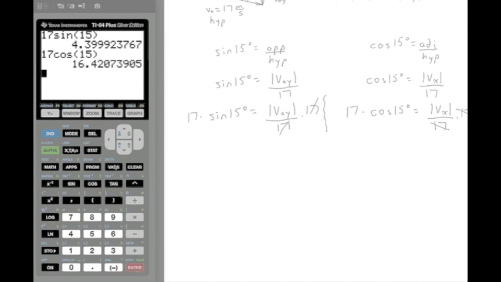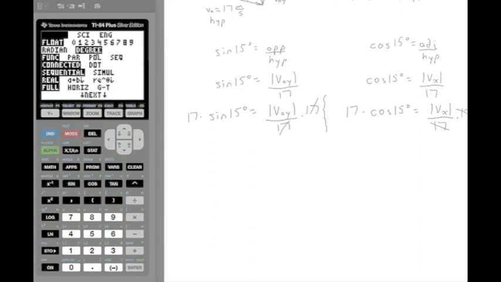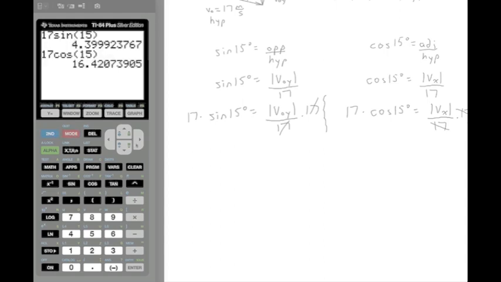Remember to make sure that your calculator is in degrees mode. Now we're going to round these numbers off.